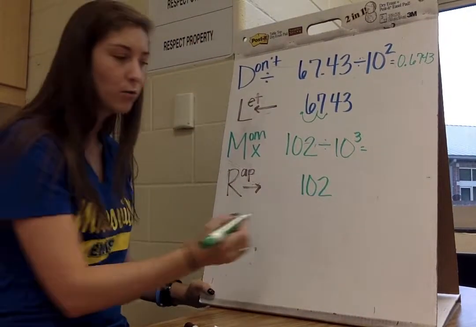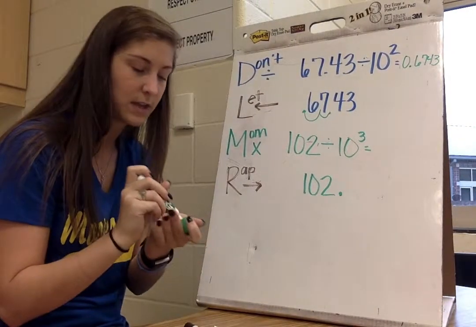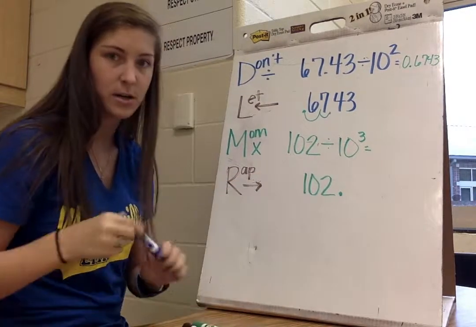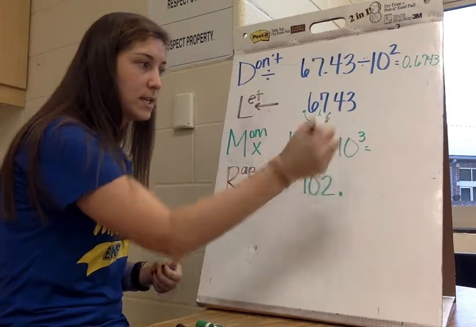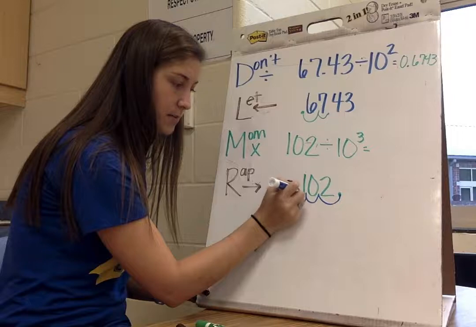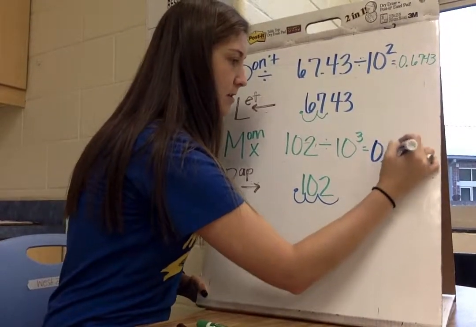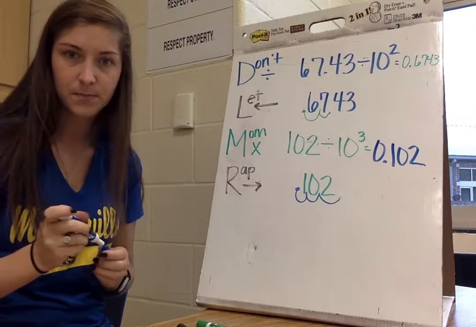And remember, on whole numbers, the invisible decimal point is always back there on the end. I have it to the third power, so I have to move it to the left 3 times. Once, twice, 3 times. So now my answer is 102 thousandths.